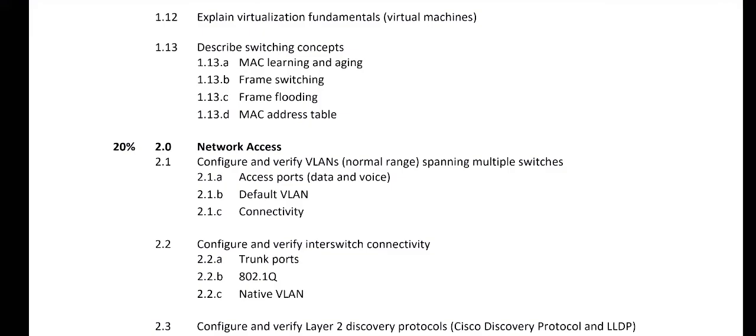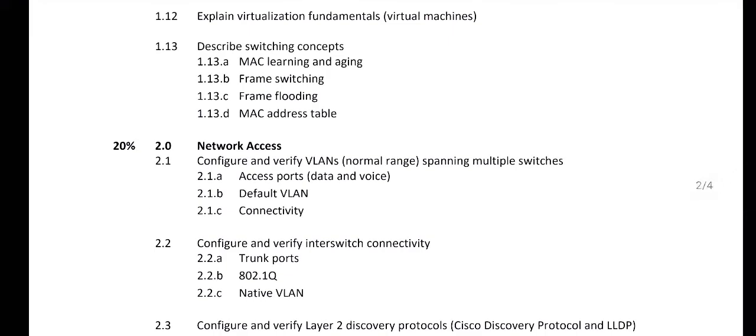Describe switching concepts. MAC learning and aging. You need to know how the switches learn the MAC addresses. There's a source and destination MAC address, the burned-in address, and there's an aging of 300 seconds by default. So you need to know that the switches learn based on the source MAC address. Whenever a computer sends the frame, for example, the destination address could be all Fs. You also need to know that.